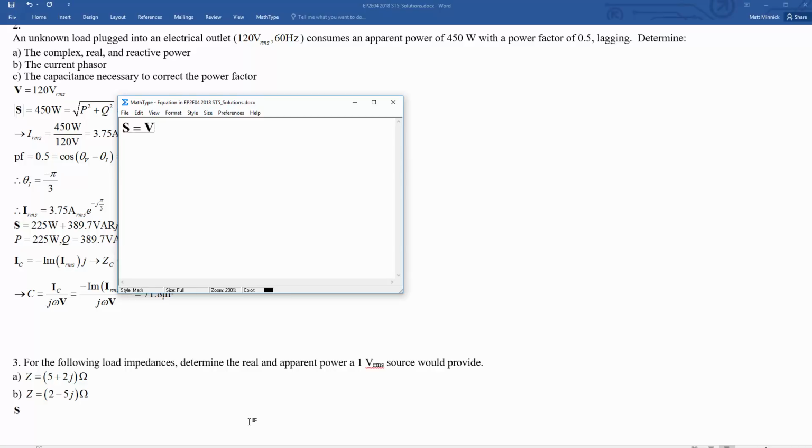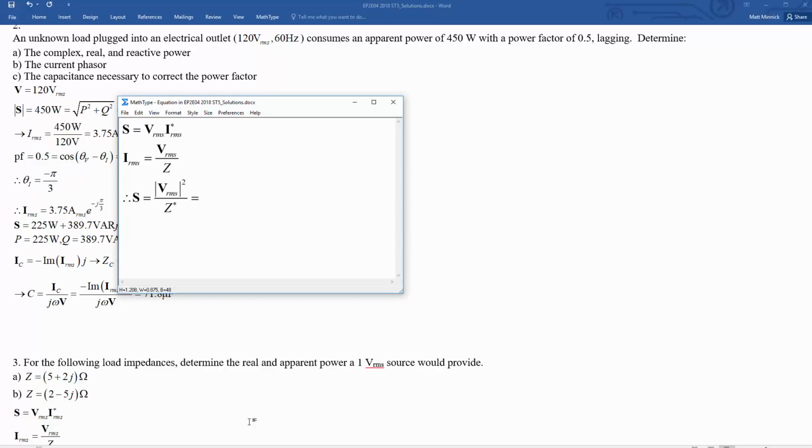S is equal to V RMS I RMS conjugate, and I RMS is equal to V RMS over Z, which means that S is equal to V RMS magnitude squared over Z conjugate.